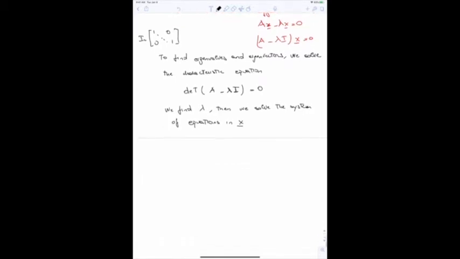If we can find a set of n linearly independent eigenvectors xi of A with associated eigenvalues lambda i, then we can diagonalize the matrix.